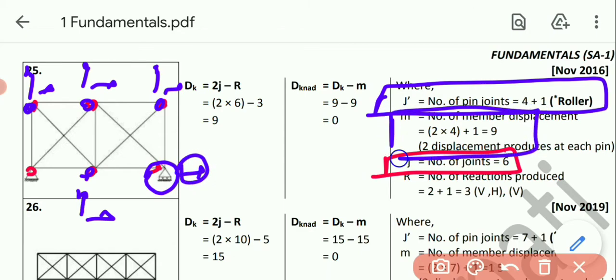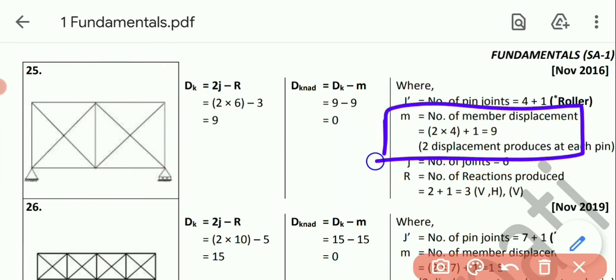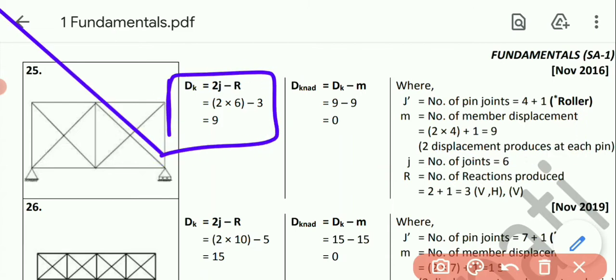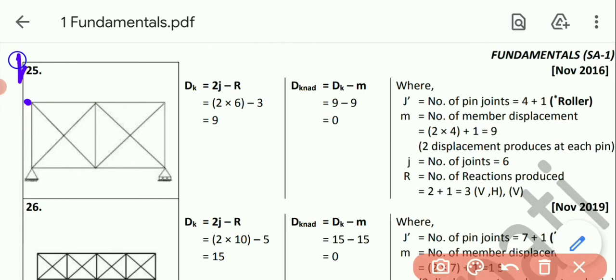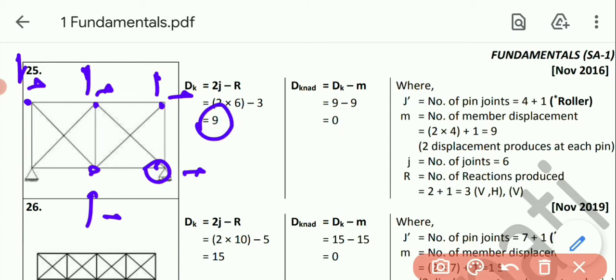So now Dk equals 2J minus R: joint is 6, 2 times 6 minus R, that is 3, so 12 minus 3, answer is 9. I have already shown you 9. Over here 2 vertical and horizontal, over here 2, over here 2, over here also 2, and over here only 1, that is horizontal, so that is 9.